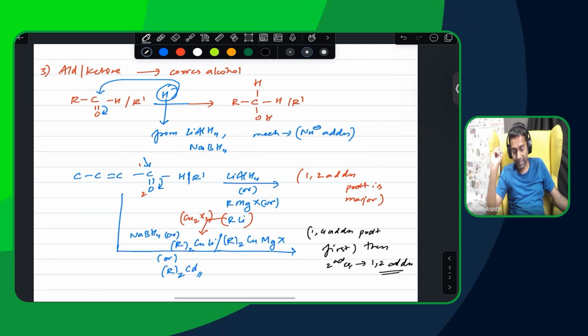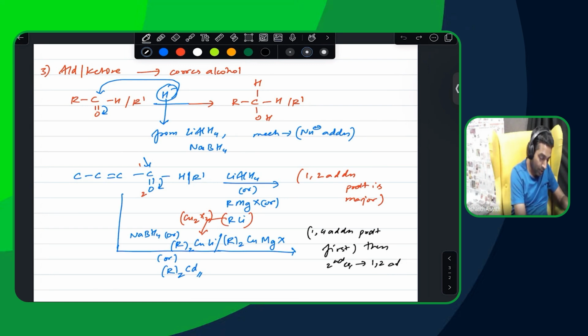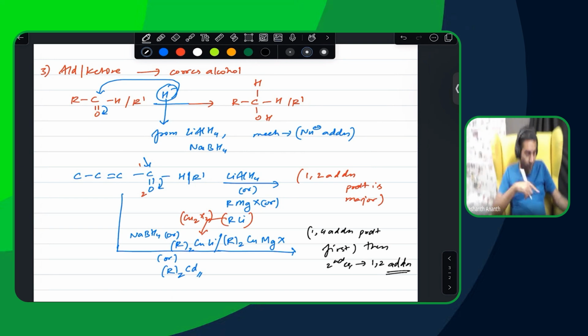Only with the second equivalent will you start getting the 1,2 addition. So in these cases, slight differences in the products are going to be seen.